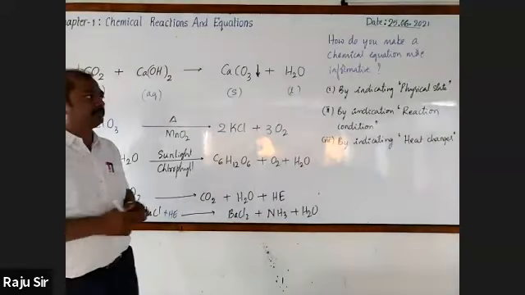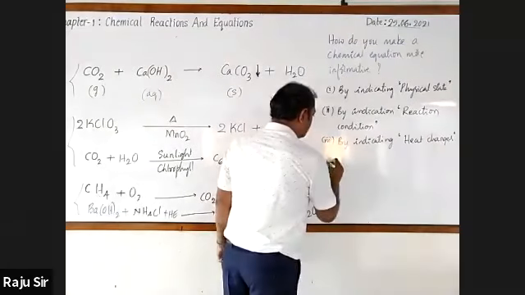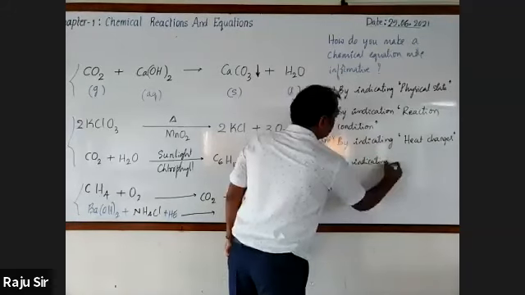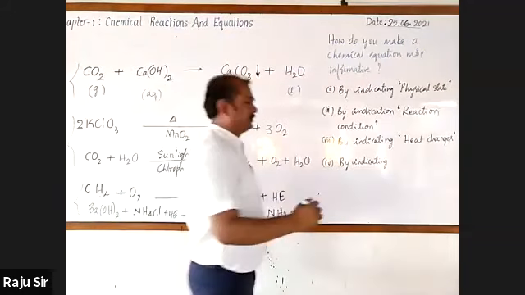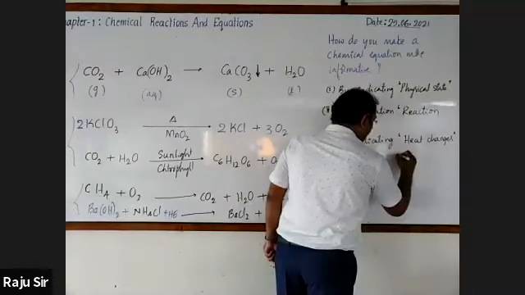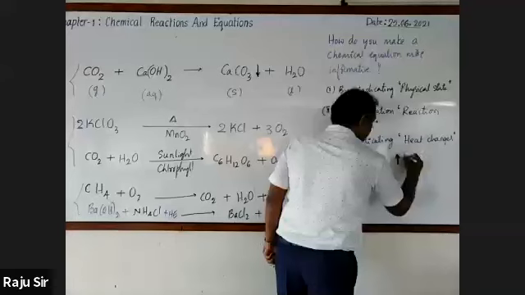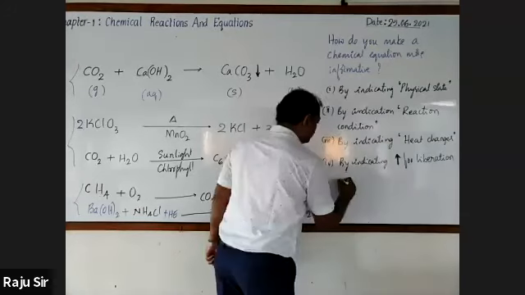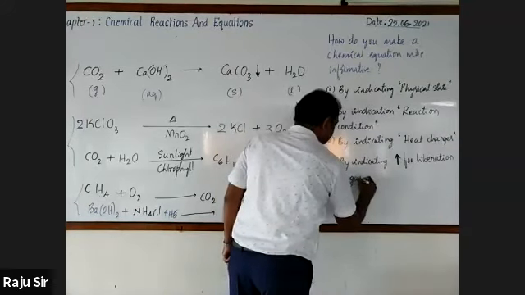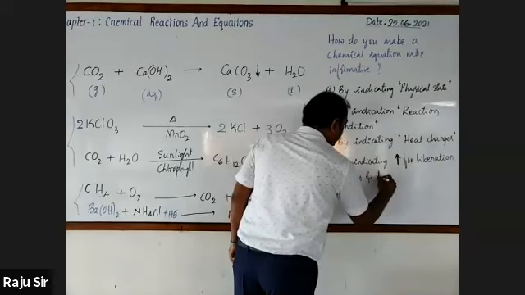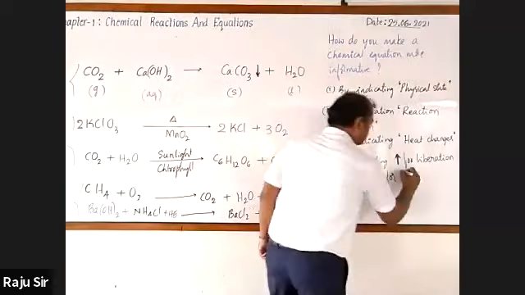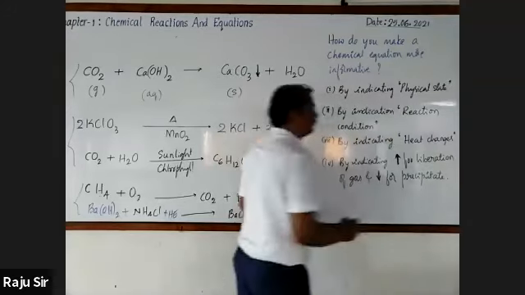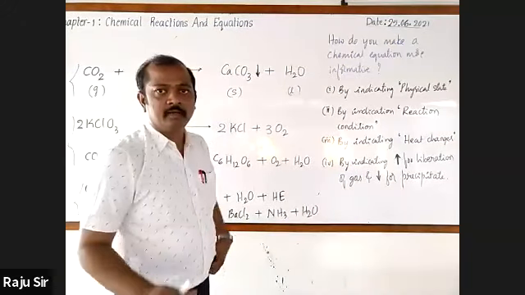Fourth one, by indicating arrow marks: an upward arrow mark for liberation or evolution of gas, and a downward arrow mark for precipitate.